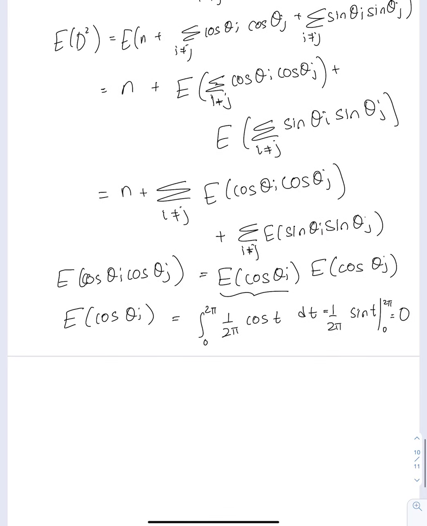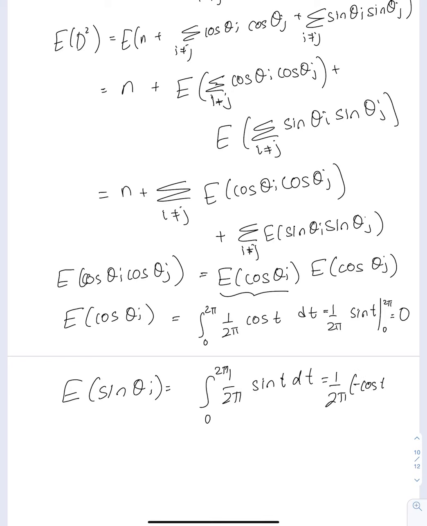Similarly, the expected value of sine theta i is the integral from 0 to 2 pi of 1 over 2 pi sine t dt. The integral will be minus cosine t from 0 to 2 pi, and once again, you plug all this in and you get 0. So each one of these expectations is 0.